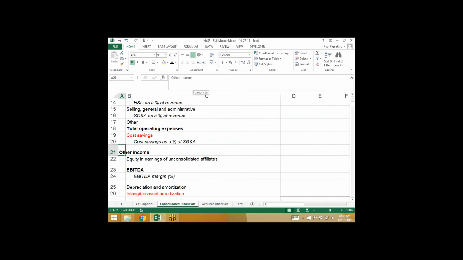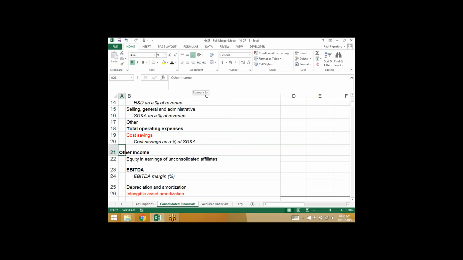So other stuff, it gets a little bit hairy here, and we'll see this also when we see more line items. When you think about things that are other, so in this case, equity and earnings of unconsolidated affiliates, what is that? What does that mean? We'll talk about how to project that. Or what is it? You guys remember? Minority interest.